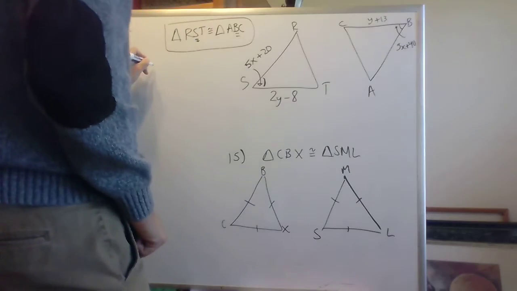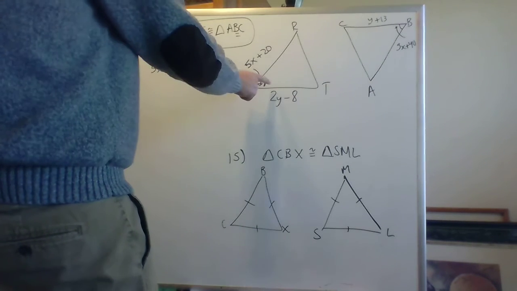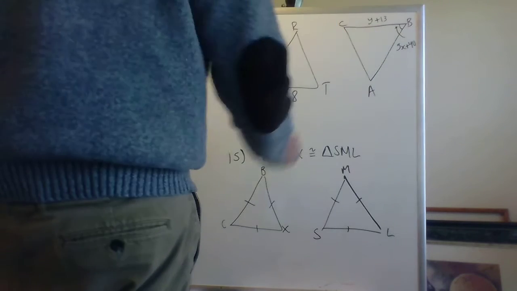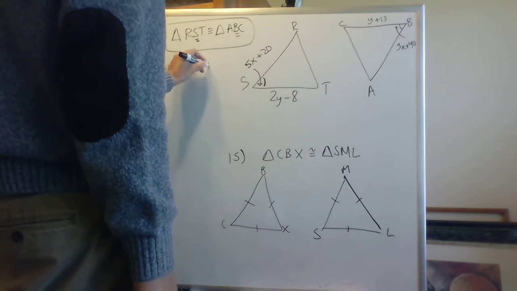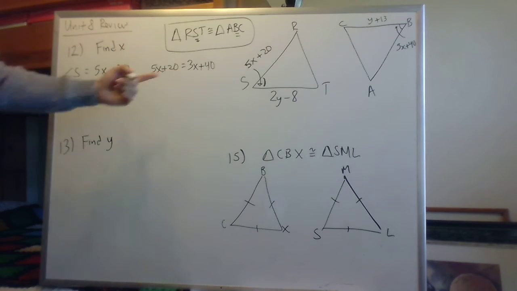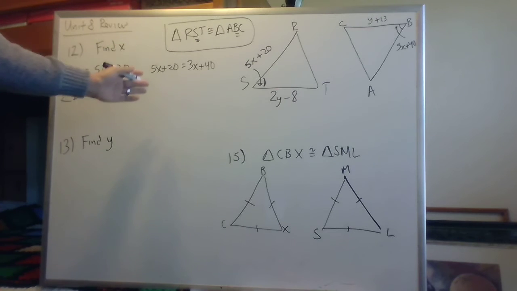So in order to solve for x, we're going to go 5x plus 20, because that's angle S, and set it equal to angle B, which is 3x plus 40. So we have this algebraic equation. What we're going to do is get x on one side of the equal sign, and then put the numbers on the other side.